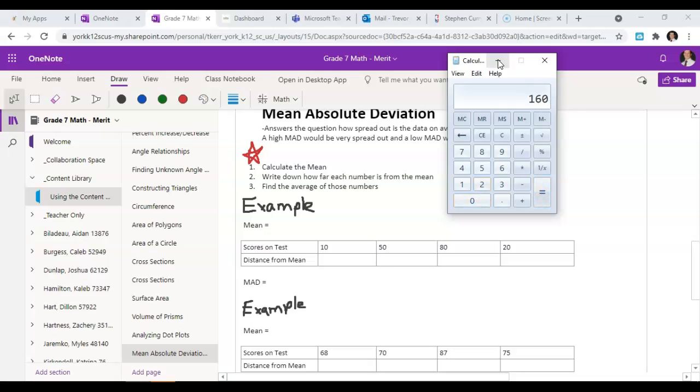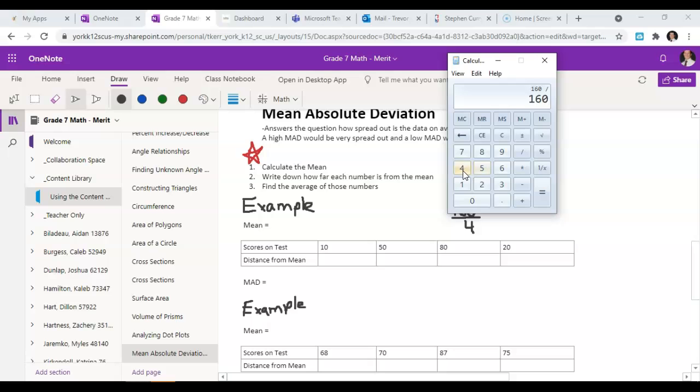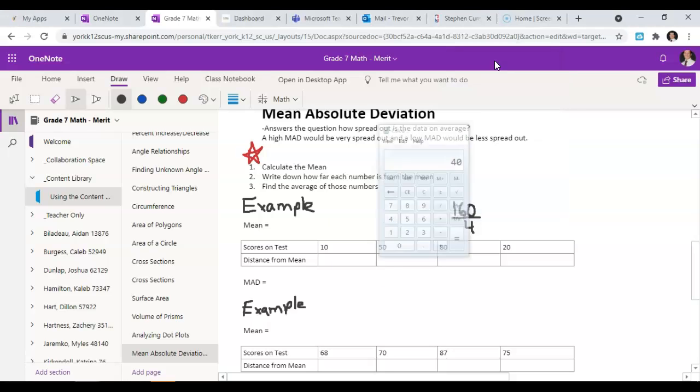There we go, that looks better. 160. So when I add all of these up, I get 160 total points. Then for the average we need to divide by however many tests you took: 1, 2, 3, 4. So the average is 160 divided by 4, and I get that the average is 40. So the mean of these scores is 40.